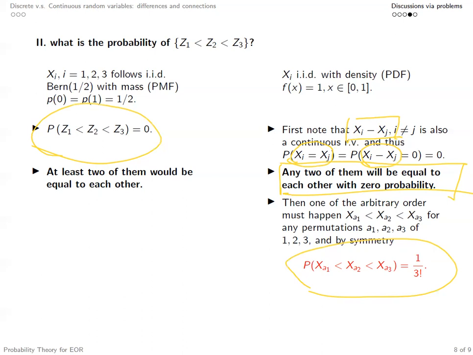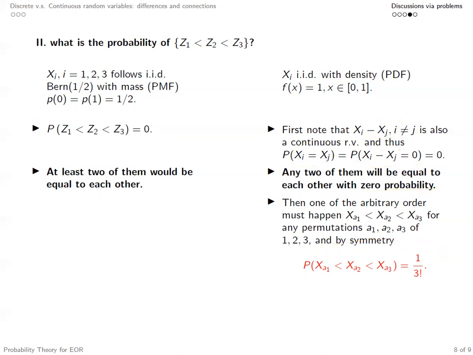Here we discuss the order concerning 3 different random variables. The results can extend to n IID, independent, identically distributed continuous random variables.